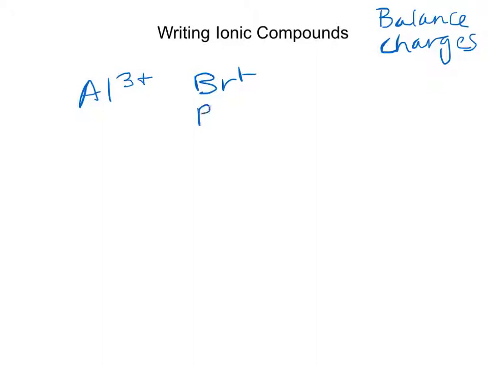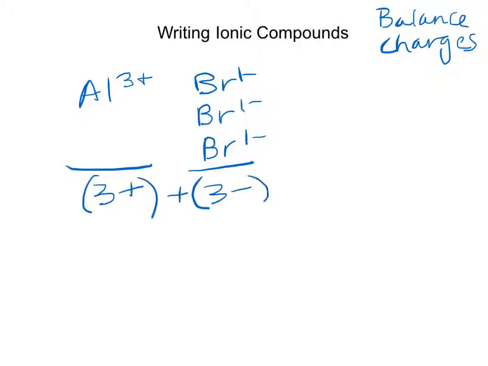So I'm going to need 3 bromines to balance out the charge of the 1 aluminum that I have. The total charge here is 3+, and the total charge here is 3-. If you add them up numerically, they equal 0, and that's what we need. The chemical formula for this is AlBr3.